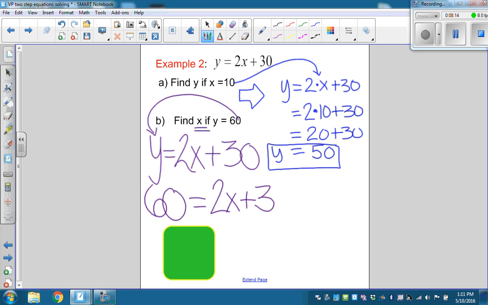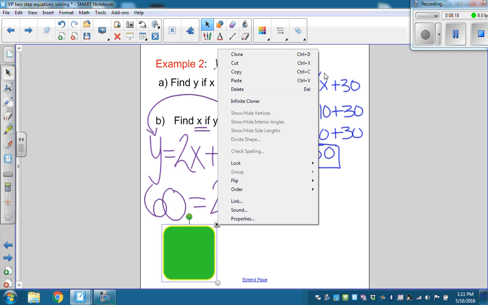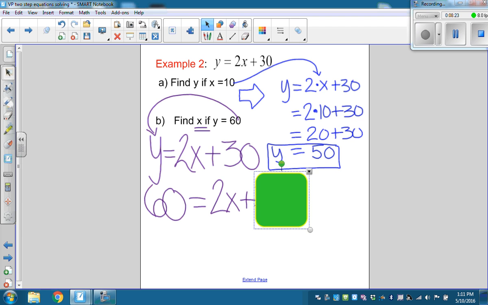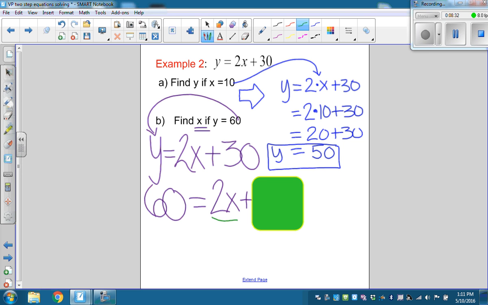And then we're going to do the same thing that we did before with this box. We're going to imagine what needs to be behind the box. What number do I need to add to 2x? 2x plus what will give me 60?